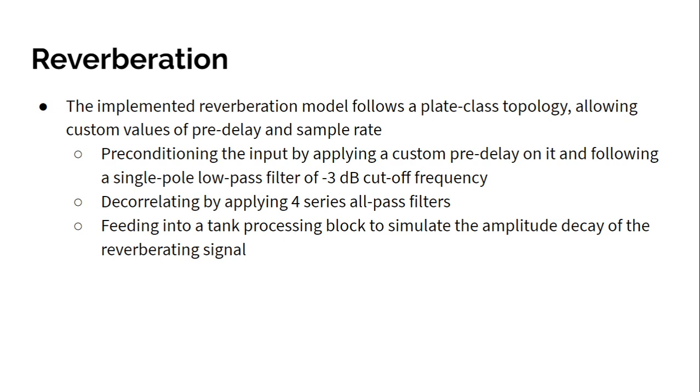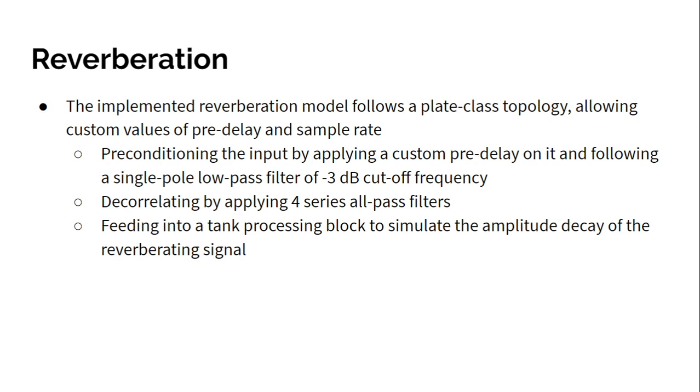There are a few steps involved with the reverberation model. First, we have the preconditioning of the input by applying a pre-delay and a simple low-pass filter of -3 dB cutoff frequency. It's just a single pole, just to suppress higher frequency components that are not desirable for reverberation.